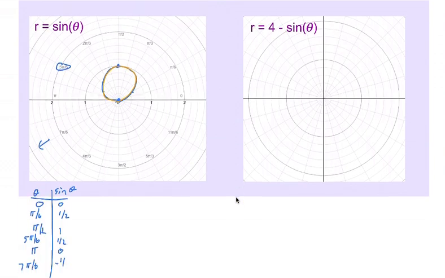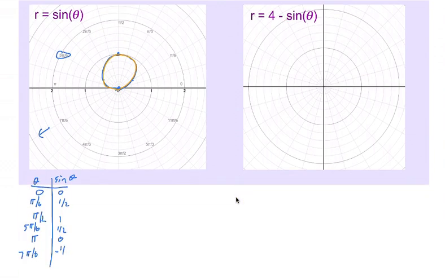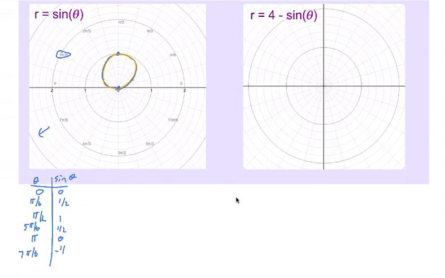To do a slightly more complicated one, like r equals 4 minus sine theta, there are a couple of ways to approach it. One is we could just do what I just did, which is make a table for different values of theta and the r that goes with it. So when theta equals 0, 4 minus the sine of 0 is 4. When theta equals pi over 2, 4 minus the sine of pi over 2, which is 1, is 3.